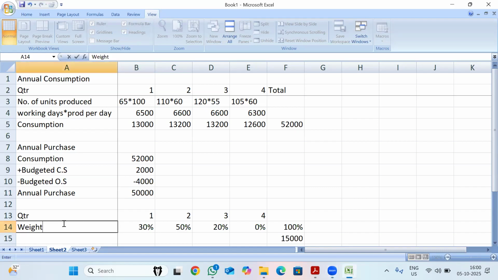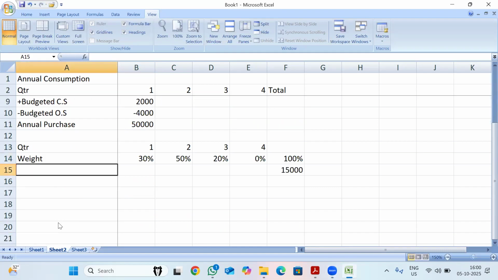So that means this 50,000, here I calculated annual purchase of 50,000.